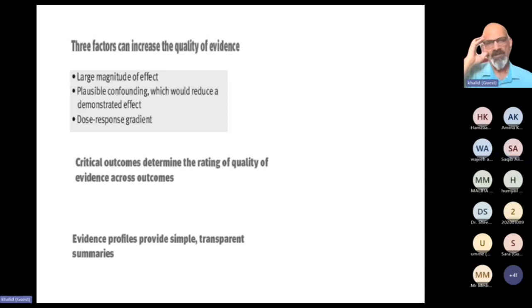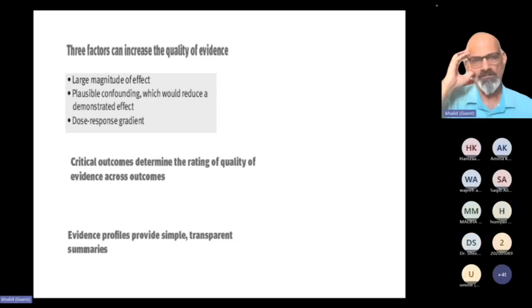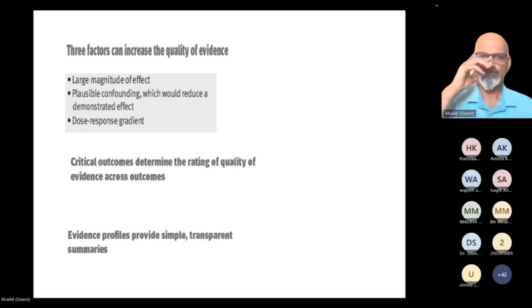For example, in a randomized trial, we calculate the relative risk. If the relative risk is close to 1, we will not think that the effect associated with a small relative risk is of a large magnitude. In a case control study or cohort study, if a multivariable analysis is used and many other confounding variables are discovered, then the quality of that evidence will fall even further.